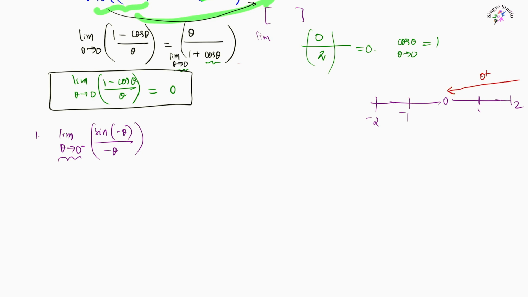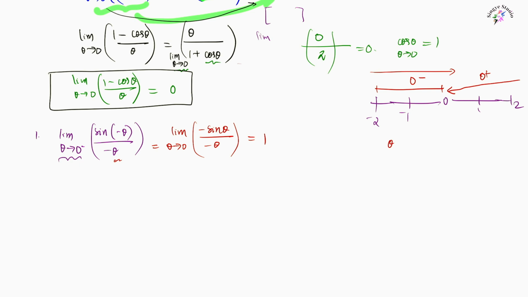In this case, the theta value is approaching from the negative side. When we take this negative sign, we are saying that the theta value is increasing toward 0 from the negative side. Then the theta value will be negative, and we know that sine of negative theta is negative sine theta, upon negative theta. As theta approaches 0, this will be 1, because the negatives get cancelled.